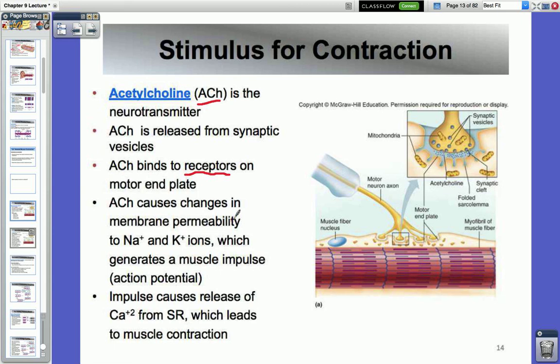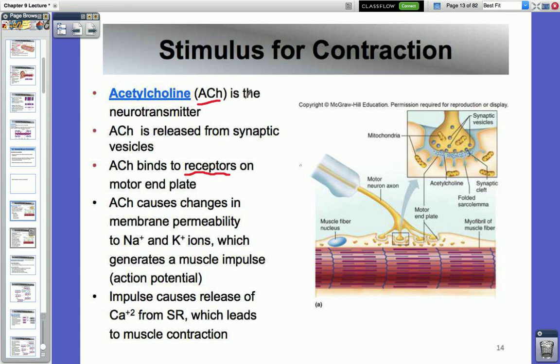So permeability, if y'all remember, means that it allows things to go in and out. And so when that happens, this is going to generate an action potential. Now, usually when people talk about action potentials, people mention this in a nerve cell. But this is actually an action potential that's happening within the muscle cell, which is kind of very unique.